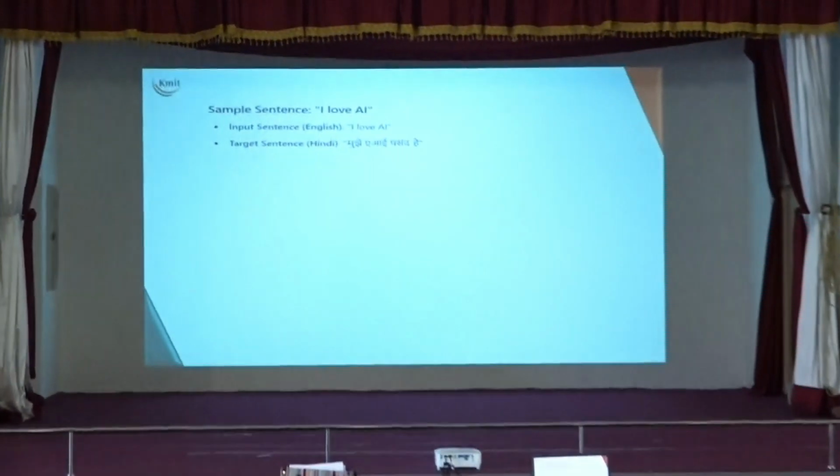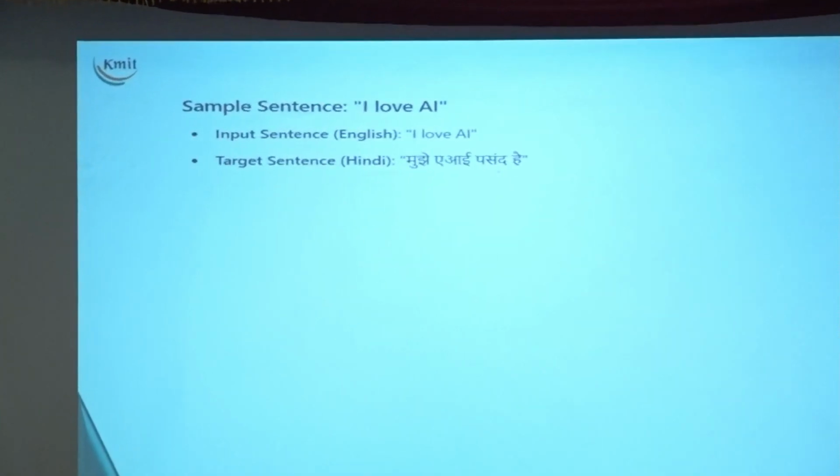Before we actually go into the code, first let's understand the sequence and all the steps that we have recapped: the source sentence, the target sentence, and how they are processed. After that we go into the code. What do you see there? I have two sentences.